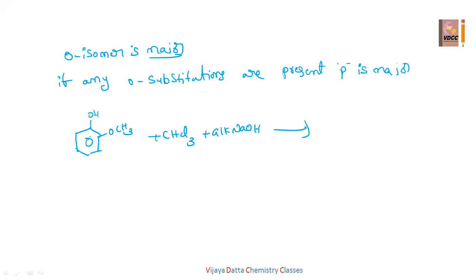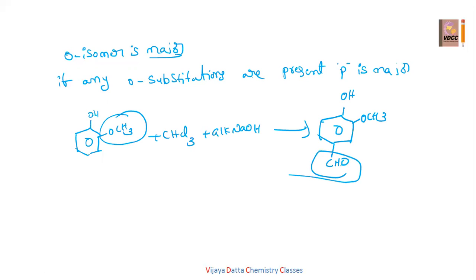With CHCl3, alkaline NaOH and phenol, the ortho isomer is the major. But here the methoxy group is present at the ortho position, so obviously the para isomer will be the major. The aldehyde group will be attached to the para position, with OCH3 remaining there. The CHCl3-derived carbene attacks the para position and it will be the major. So this is one of the very important points.